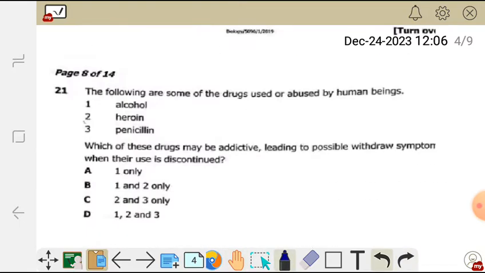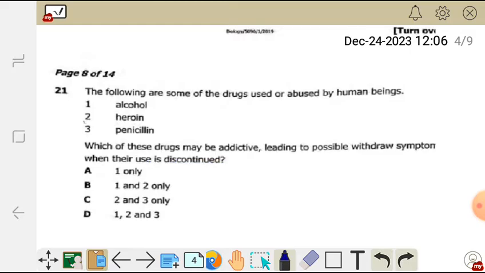The following are some of the drugs used or abused by human beings. We have alcohol, heroin, and penicillin. Which of these drugs may be addictive, leading to possible withdrawal symptoms when their use is discontinued?